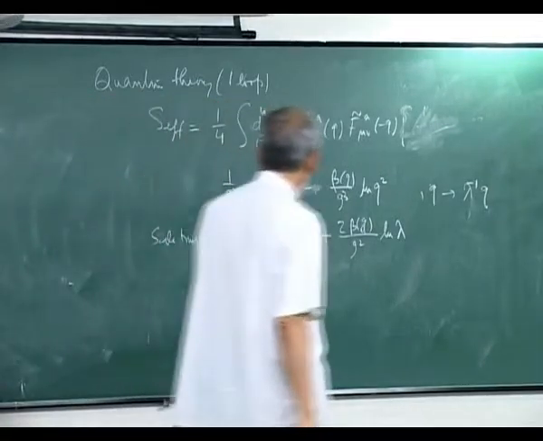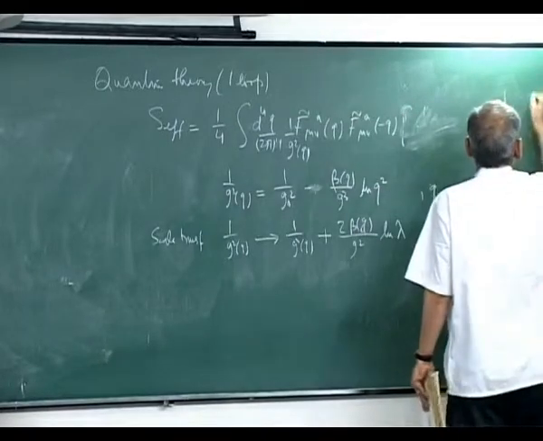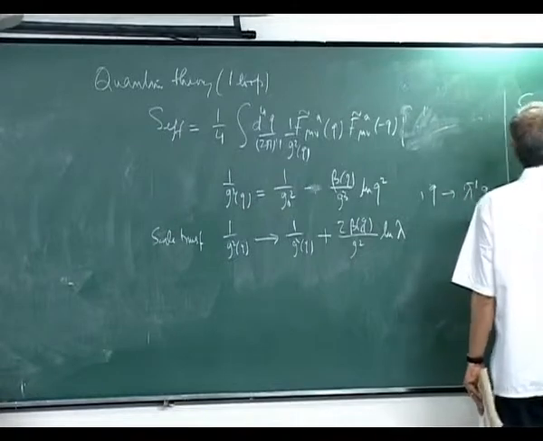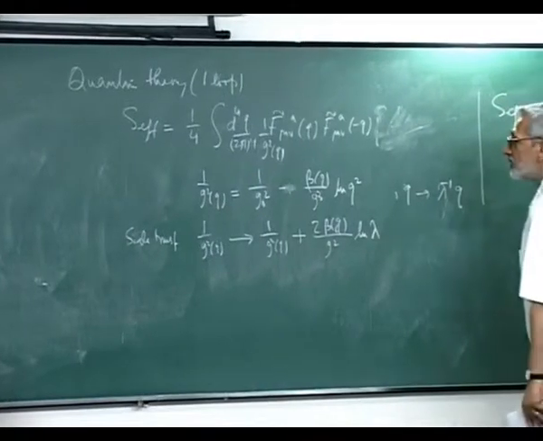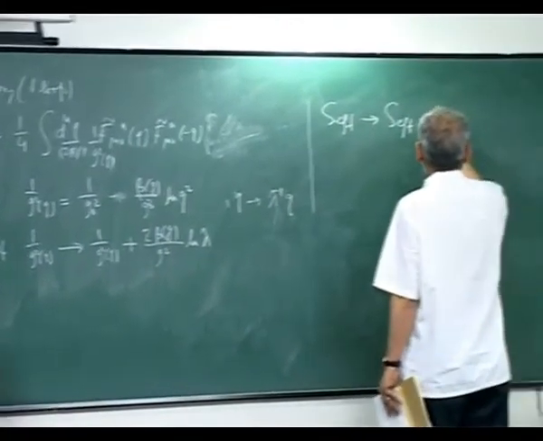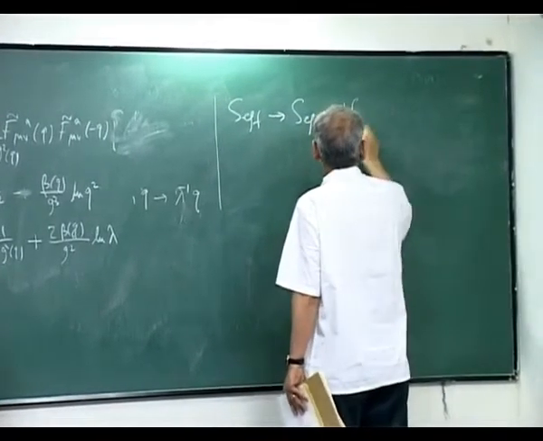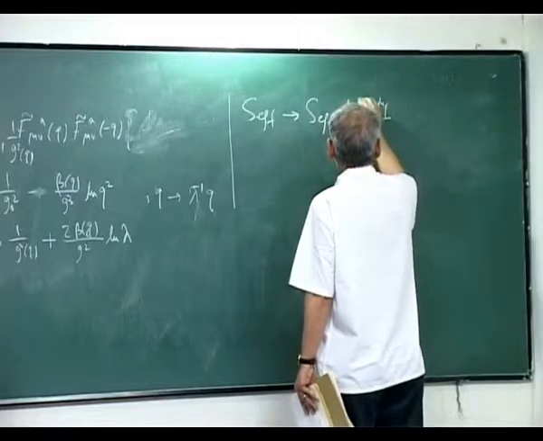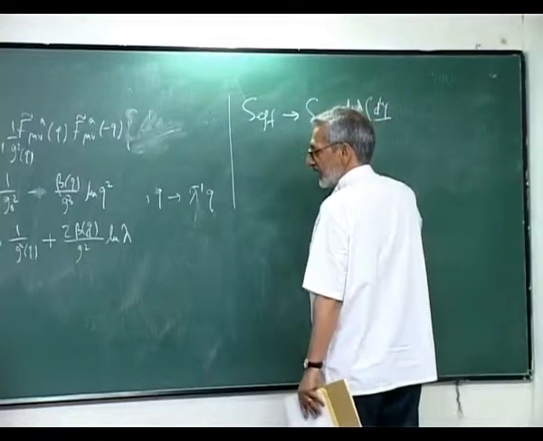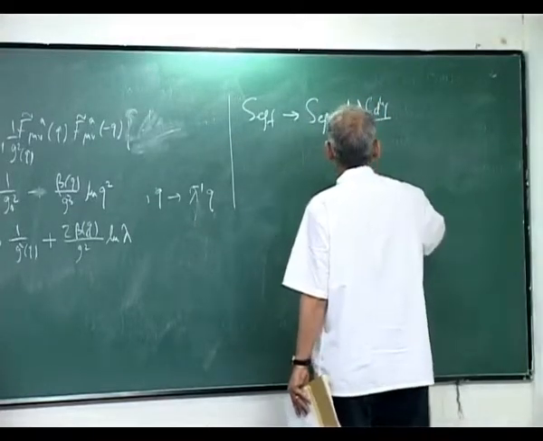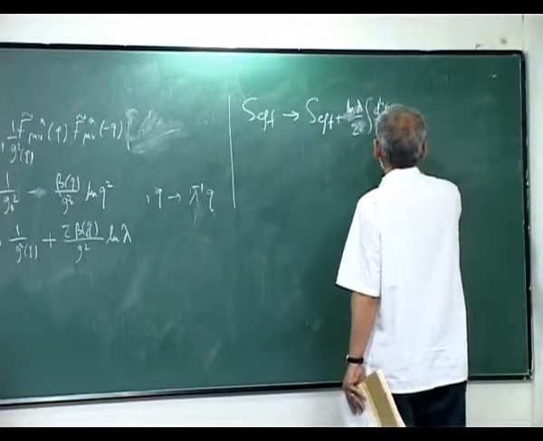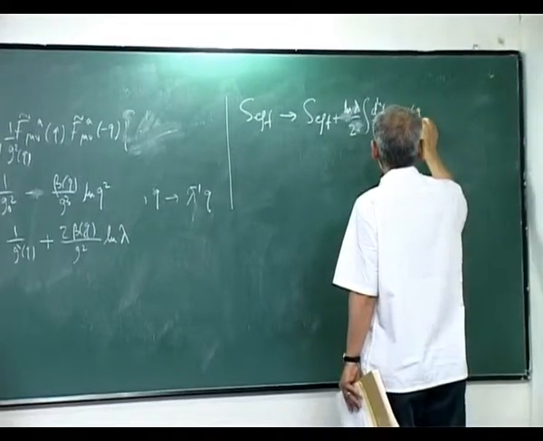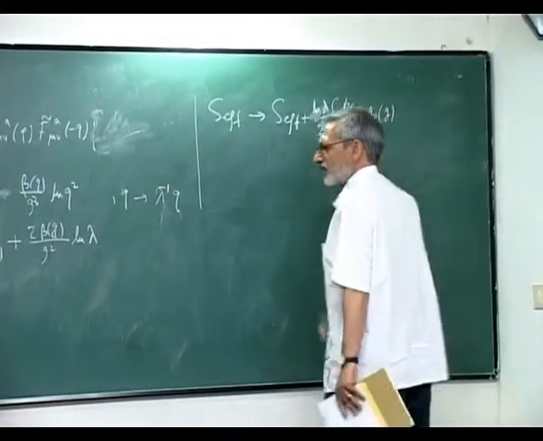So what have we discovered? We have discovered that S effective under scale transformation changes to S effective plus 1 by 4 d4q, 1 by 4 log lambda, and maybe a factor of 2 here, and this 2 pi 4 beta of g.